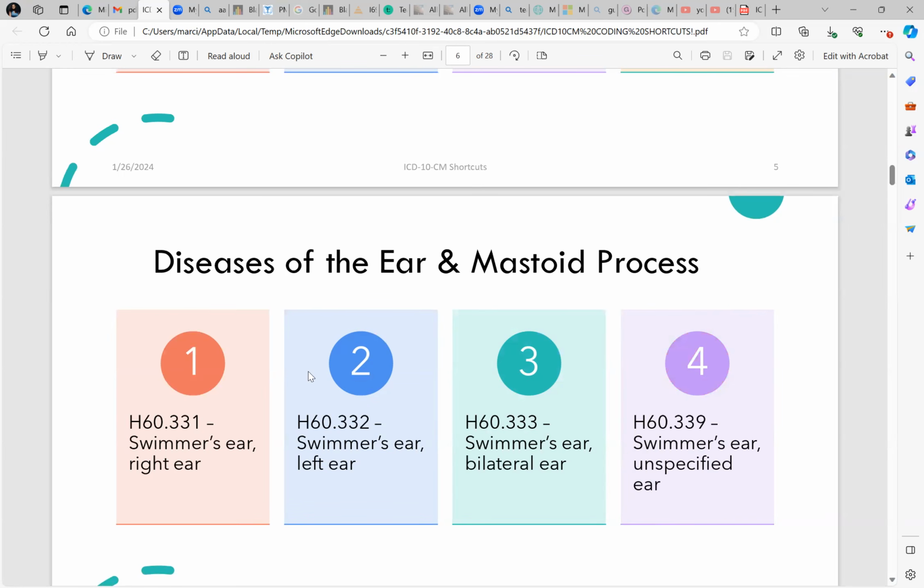So now let's talk about swimmer's ear. We just talked about the eye, so let's talk about the ear. You see 1 again at the end, right ear, 2, left ear, 3, both ears, which is bilateral ear, and the 9, unspecified ear.